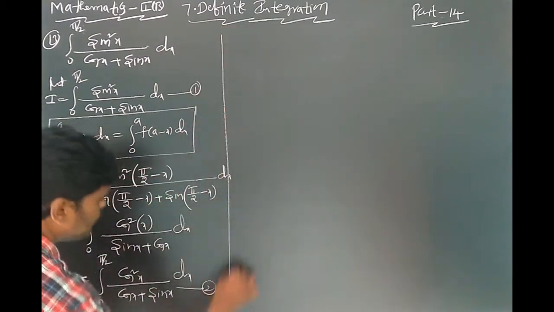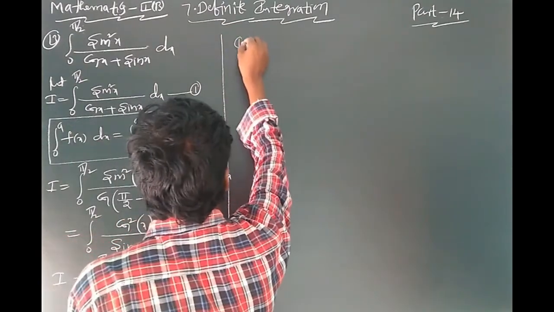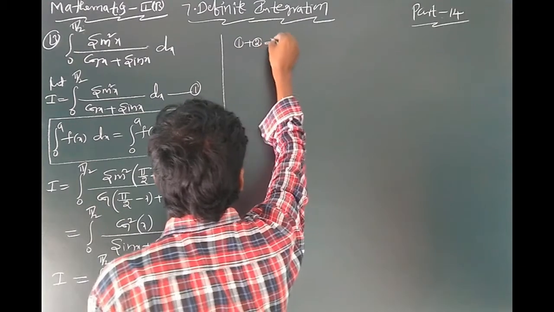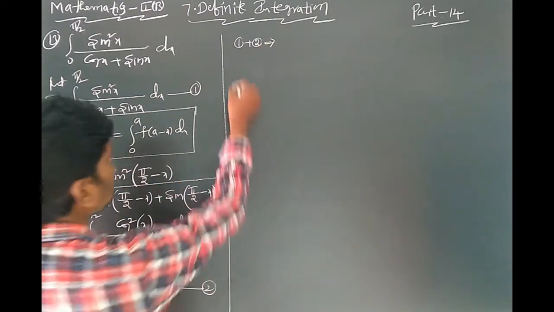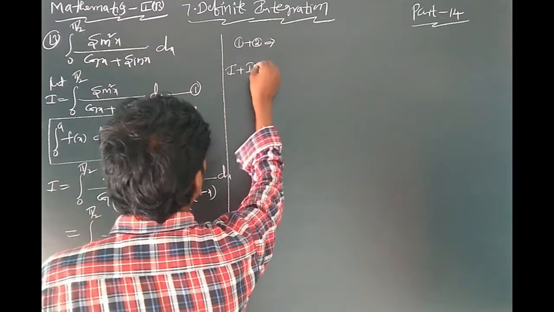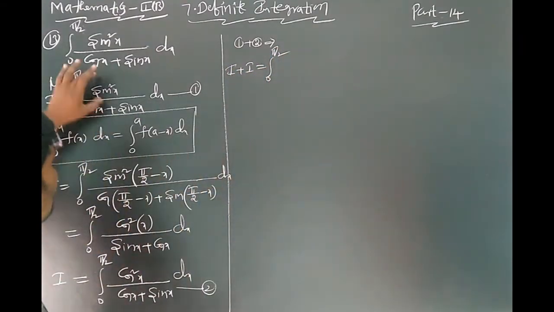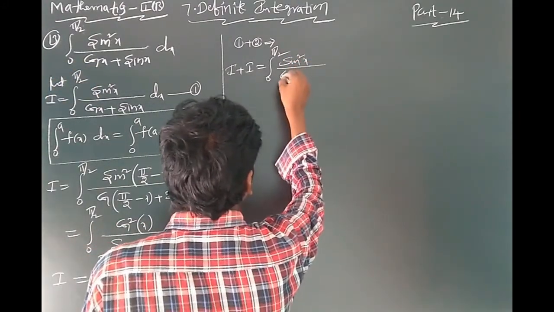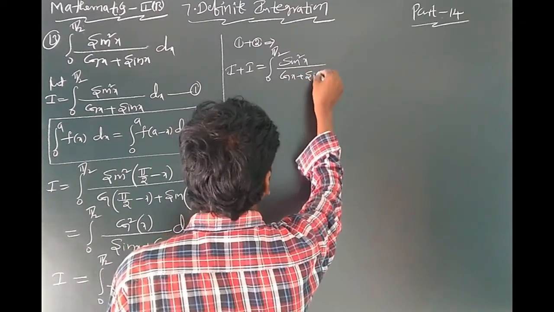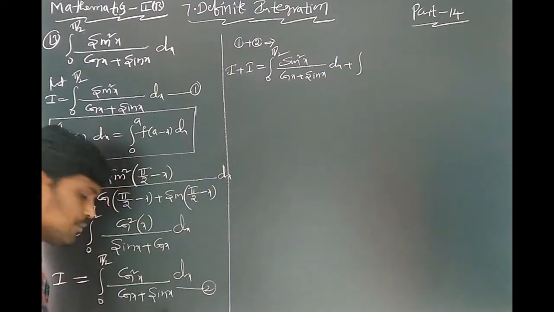After that you can add 1 and 2 on both sides. Adding 1 and 2 on both sides, what is the LHS? I plus I. I plus I is equal to integral 0 to pi by 2 of sin square x by cos x plus sin x into dx, plus what is the RHS for 2?